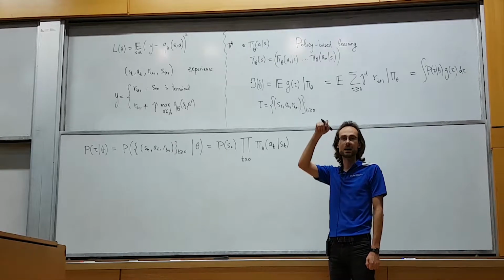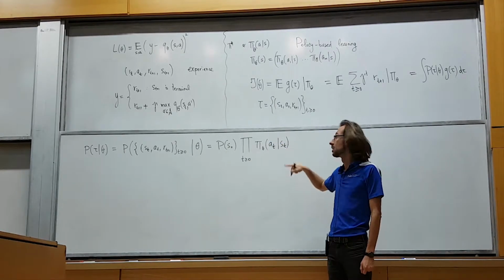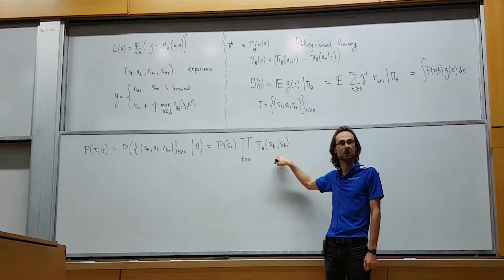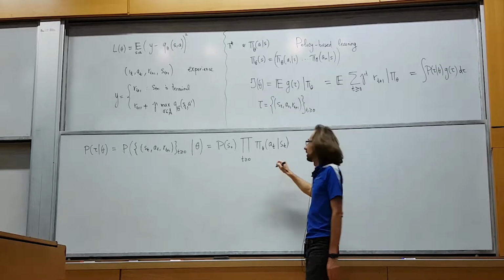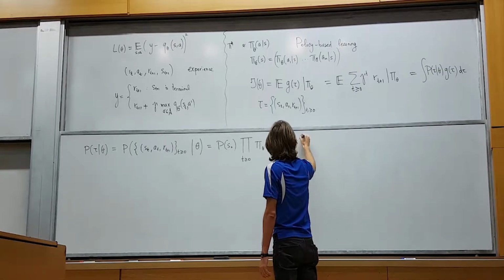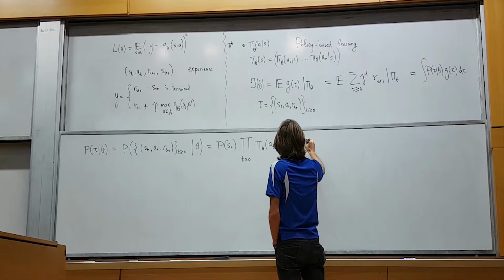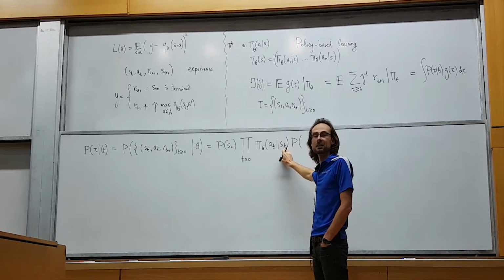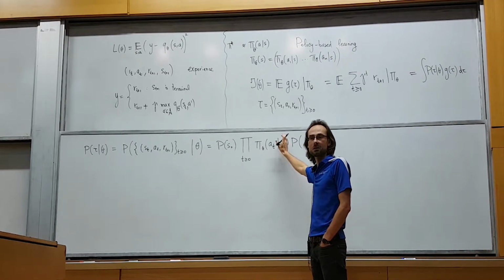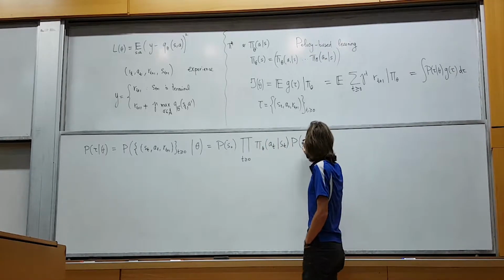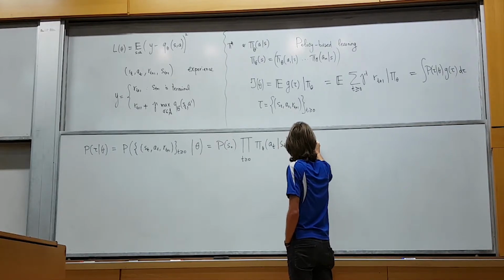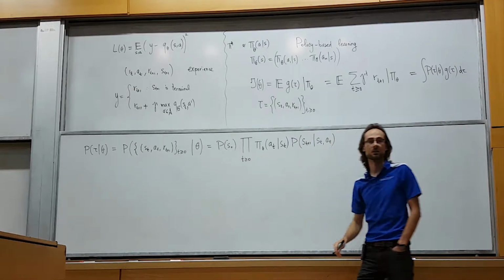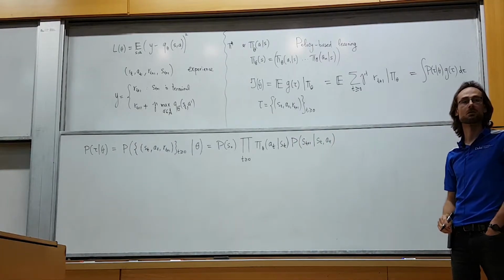The probability of making the action that I observe, A0, from the state S0 is given by this probability distribution, which we call the policy. And we multiply this by the transition probability of the MDP. I made an action At from state St, and this is the probability of transitioning to St plus 1 as a consequence of this action. This is the transition probability of the MDP.